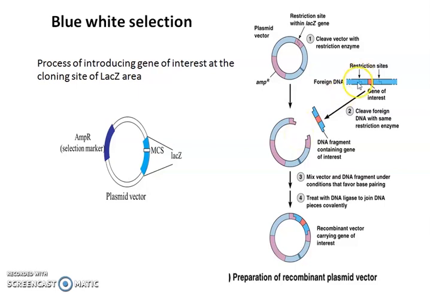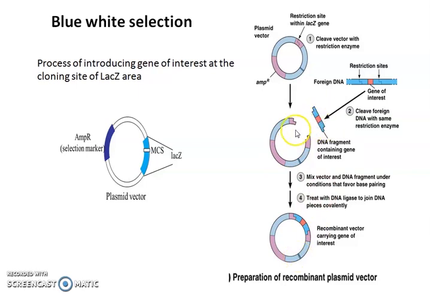At the same time you have the foreign DNA ready, with the gene of interest in it. You have also cleaved that gene of interest with the same restriction enzyme. If you have used EcoRI, here also it should be EcoRI. So you get that piece. Now this space created is within the lacZ area. That means the multiple cloning site was here, which was disrupted, which was broken. You can see the sticky ends created here and here also.